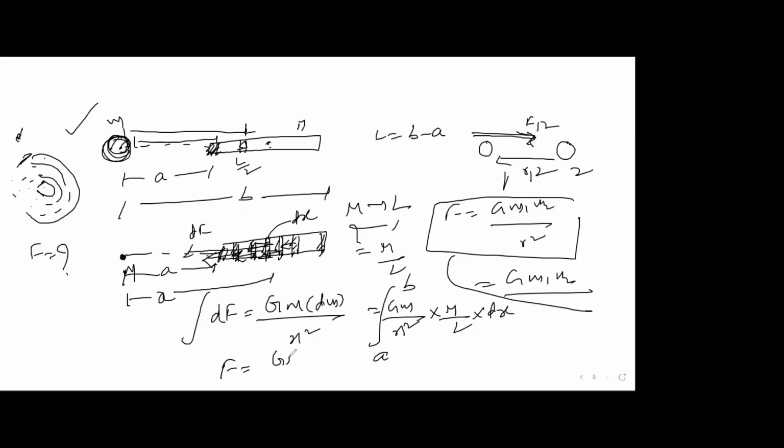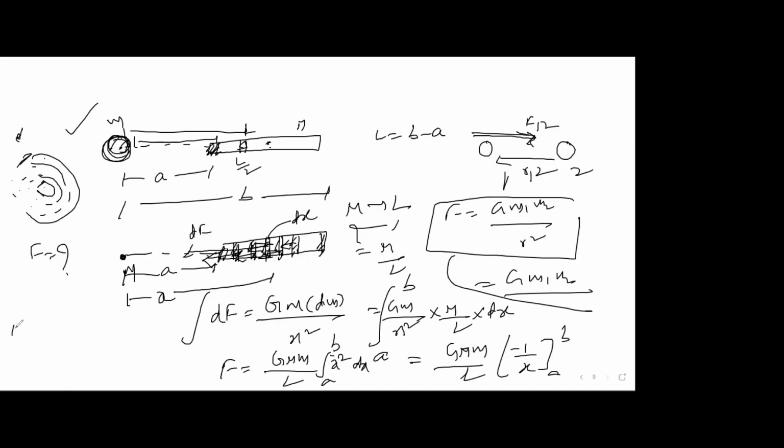G capital M small m by L times the integration of 1 by x square, which is x power minus 2, dx, with limits from A to B. This becomes G capital M small m by L times the integration of x power minus 2, which is x power minus 2 plus 1 by minus 2 plus 1, that is minus 1 by x, from A to B.